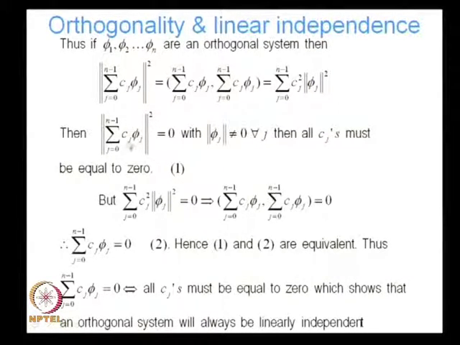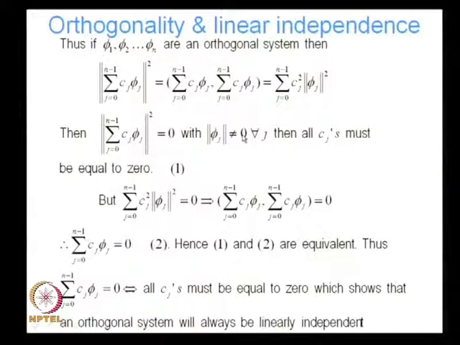Then if the norm of the sum of cj phi j, squared, is equal to 0, with norm of phi j not equal to 0 for all j, then all the cj's must be equal to 0. You can see that. Why? Because I have c1 squared norm phi 1 squared plus c2 squared norm phi 2 squared plus c3 squared norm phi 3 squared up to cn squared norm phi n squared. All the norms of phi j squared I know are not 0.